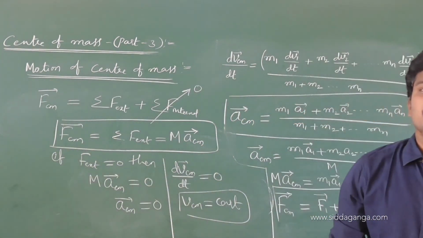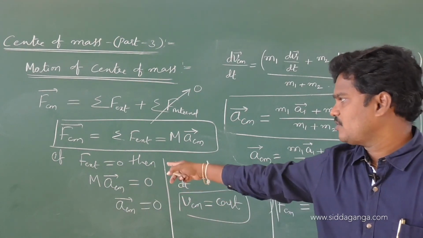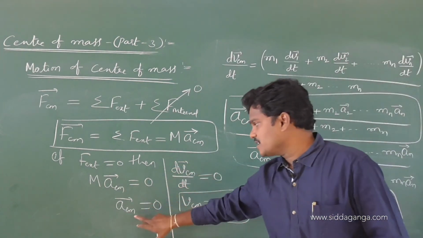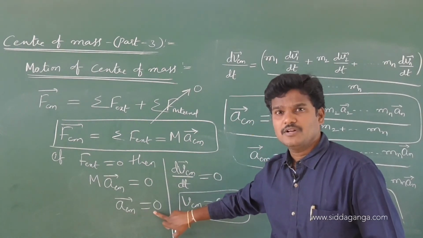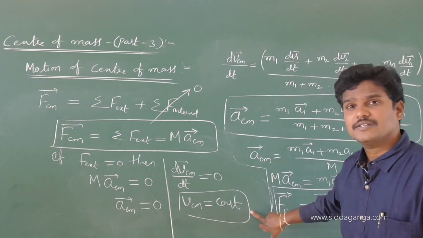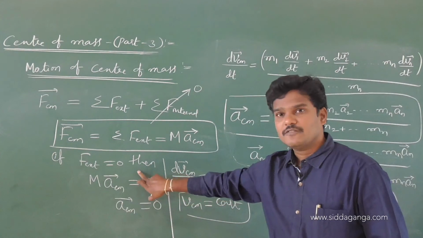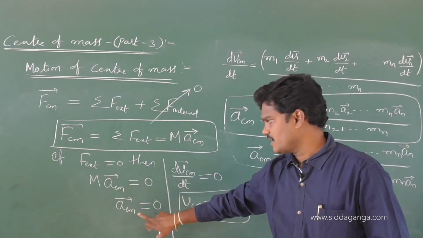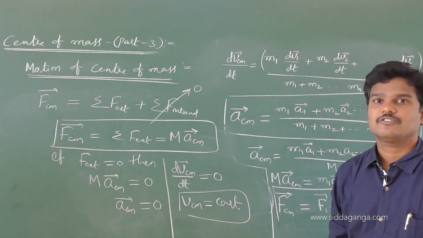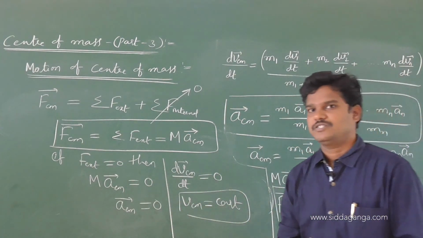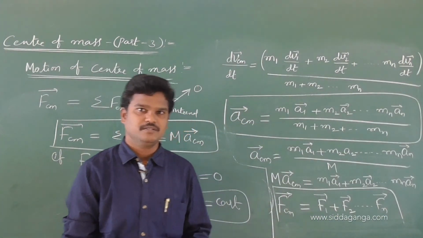So, keep in mind, in the absence of external forces, acceleration of center of mass of system of particles is 0, and velocity of center of mass remains constant. This is also one of the characteristics of center of mass.